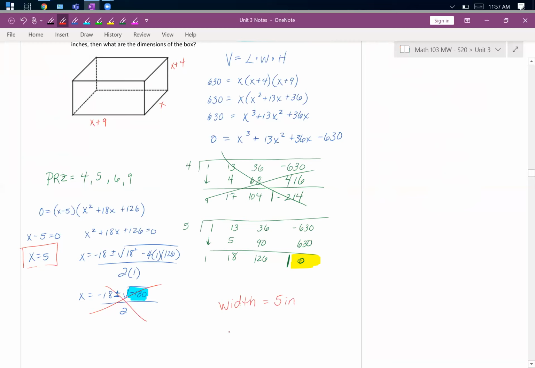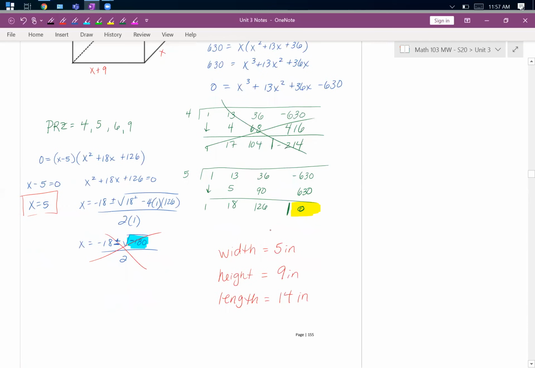Our height is x plus 4, so that's going to be 9 inches. And then our length is going to be x plus 9, so that's going to be 14 inches. And there we go.